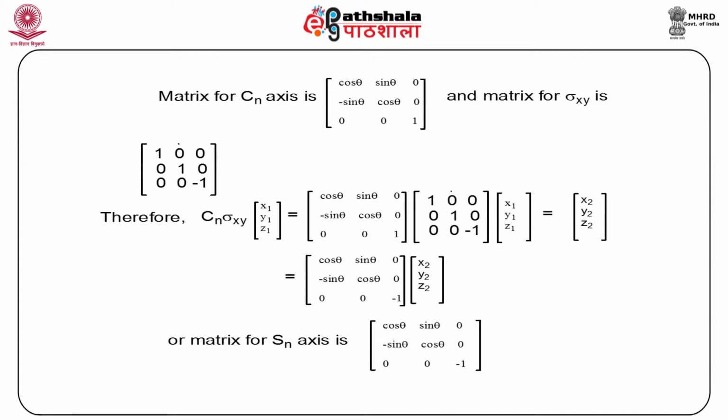Now take the matrices corresponding to Cn and sigma xy, multiply them together, and you will get the matrix corresponding to Sn, that is cos theta, sin theta, 0; minus sin theta, cos theta, 0; 0, 0, minus 1. This is the matrix corresponding to the improper axis of rotation, that is the Sn axis. In the case of the Sn axis, z1 also changes sign.